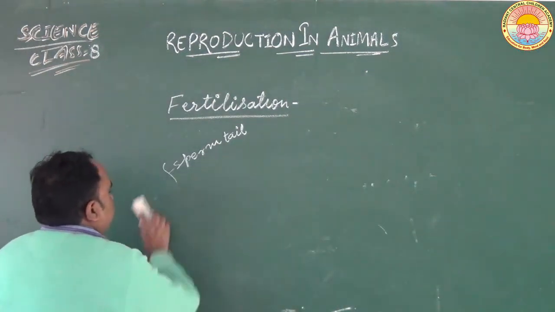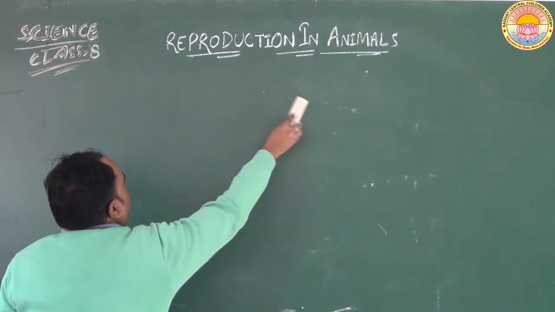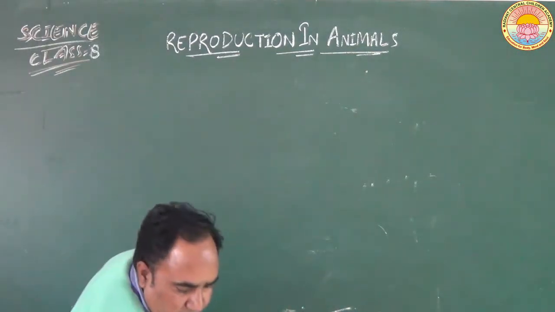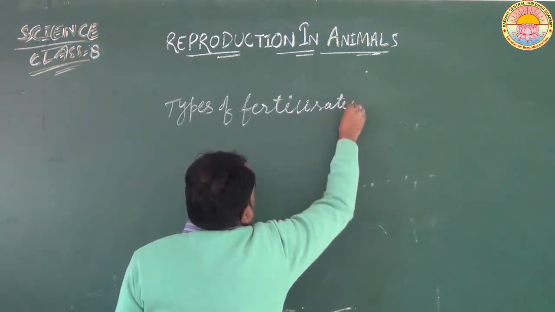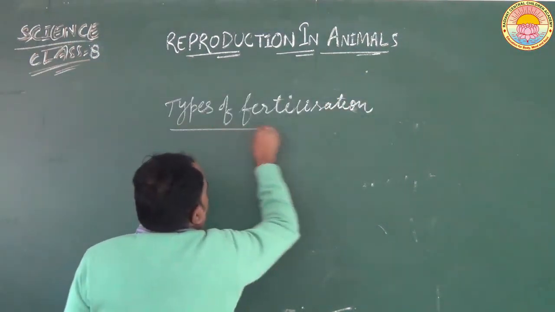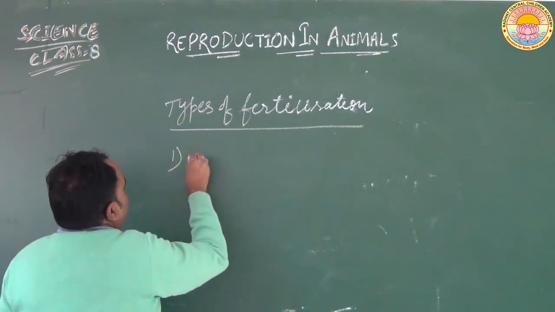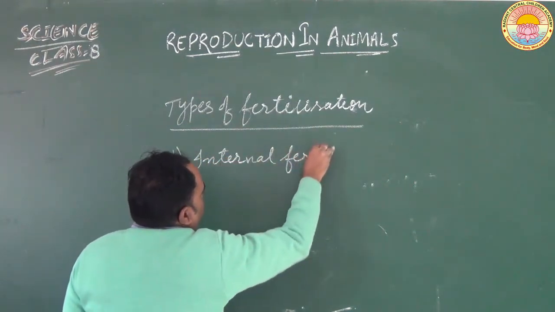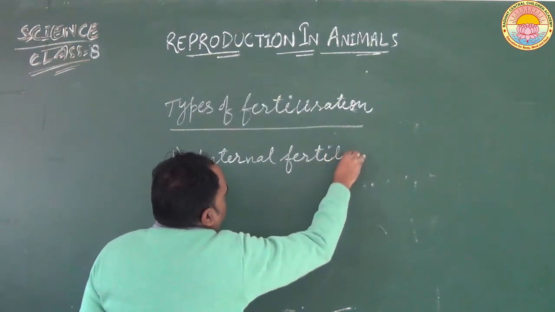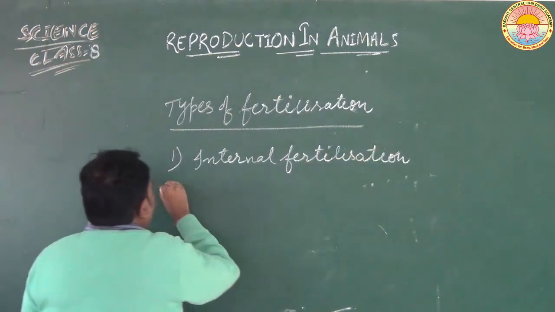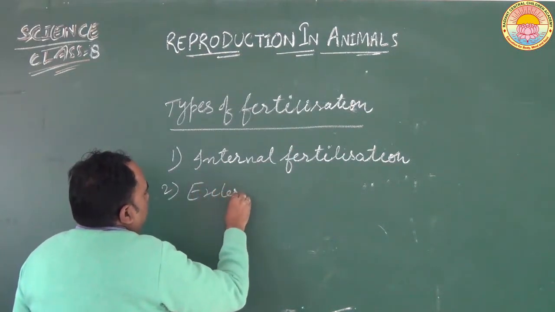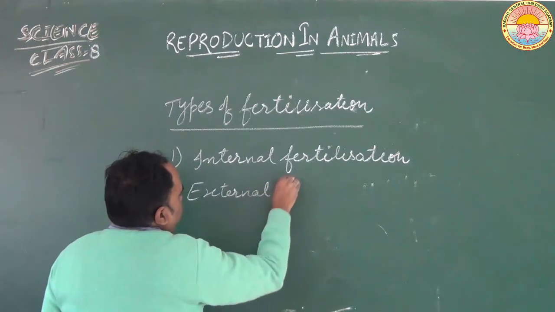Now students, we discuss the types of fertilization. There are two types of fertilization: internal fertilization and external fertilization.